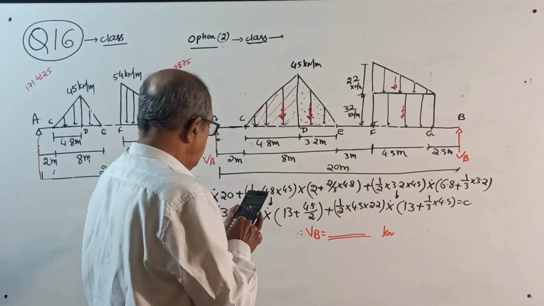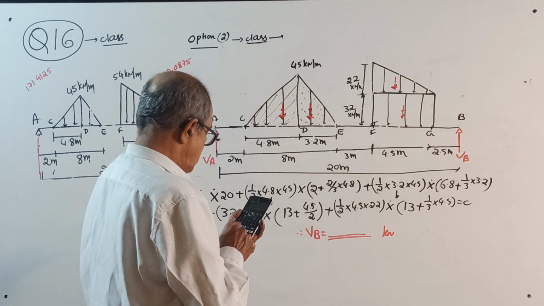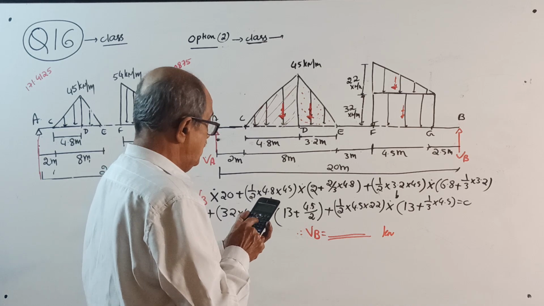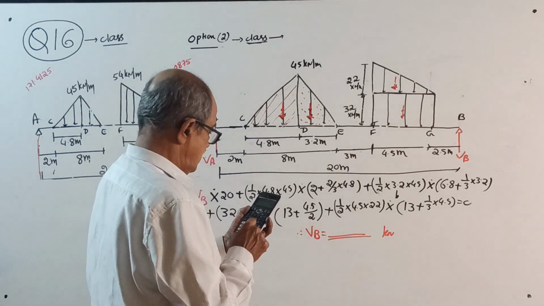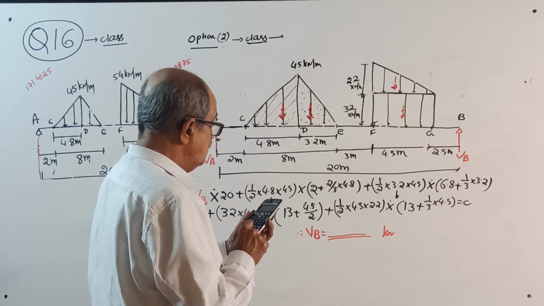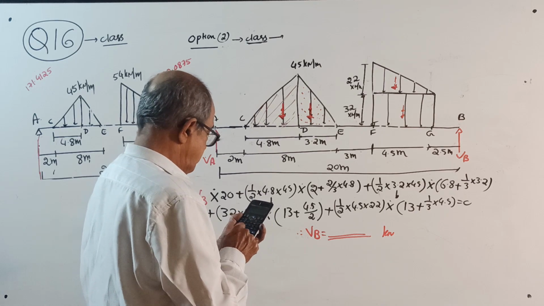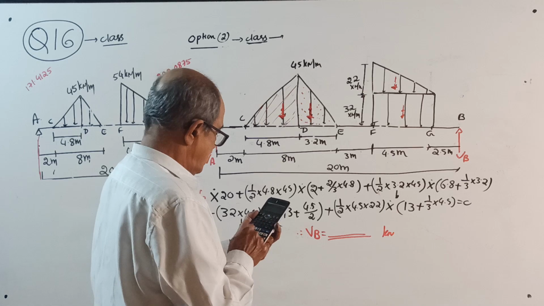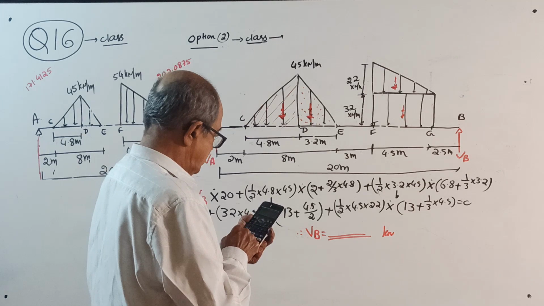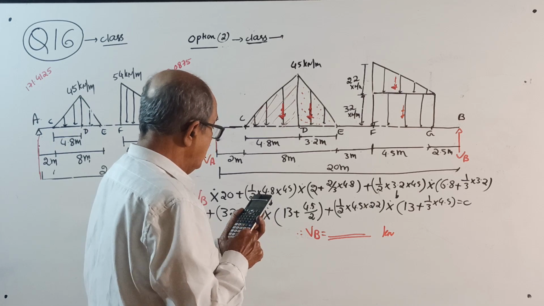Half into 4.8 into 45 into bracket 2 plus 2 by 3 of 4.8, plus half into 3.2 into 45 into bracket 6.8 plus 1 by 3 of 3.2 over, plus 32 into 4.5 into 13 plus 4.5 divided by 2, plus half into 4.5 into 22 into 13 plus 1 by 3 of 4.5 divided by 20.